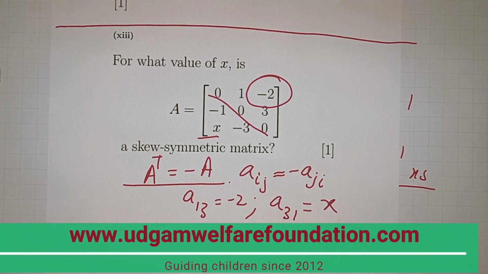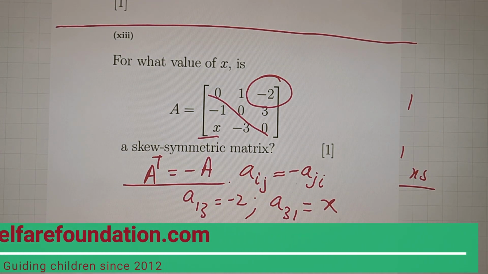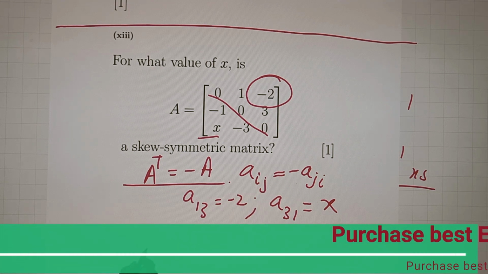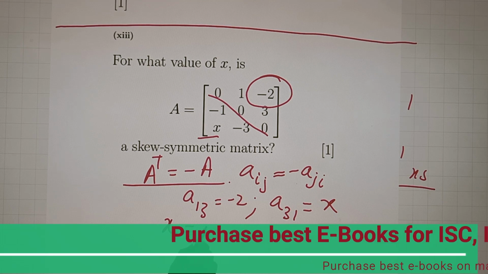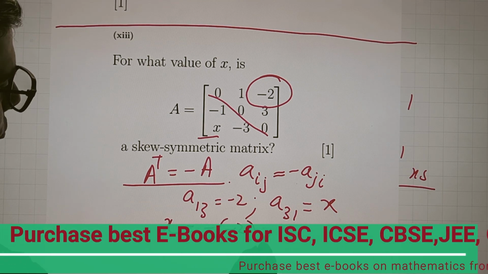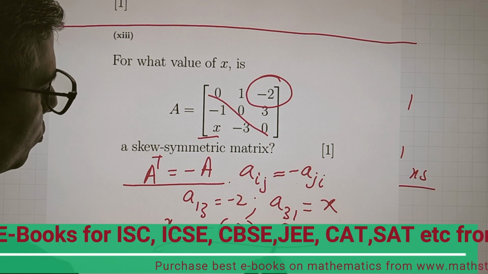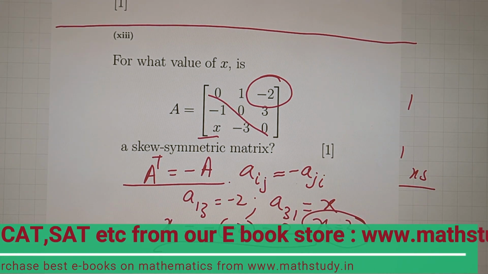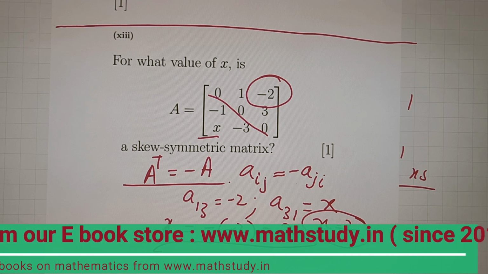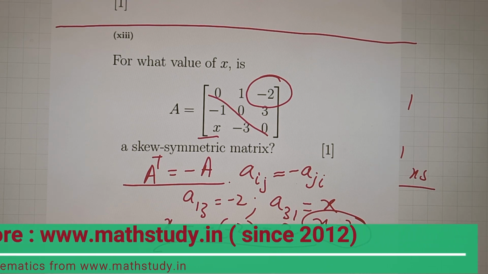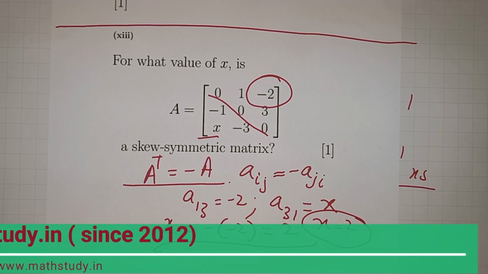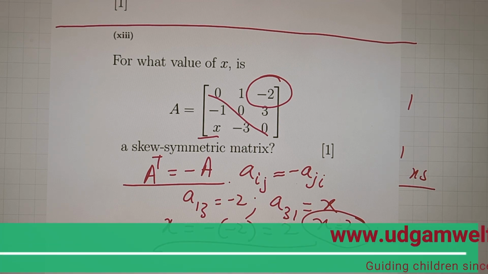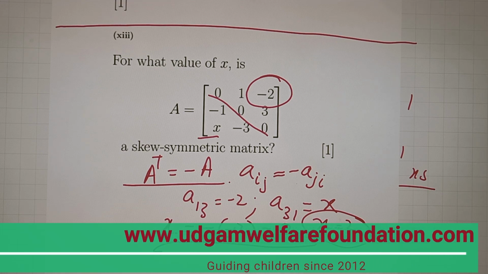So as per this condition, we should have x equals minus of minus 2, which is plus 2. So x equals 2 here. If x equals 2, then the given matrix is a skew symmetric matrix. So that was a shortcut for this particular question. I hope you understand and enjoy this concept.